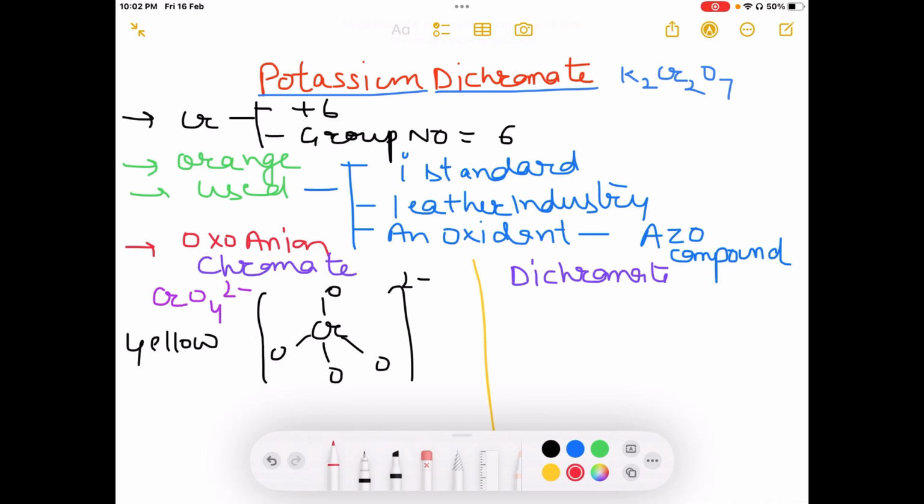In the case of the dichromate ion, its formula is Cr2O7 2-. Here two tetrahedrons are sharing one corner, or you can say a Cr-O-Cr linkage is there. And the color of the dichromate is orange.